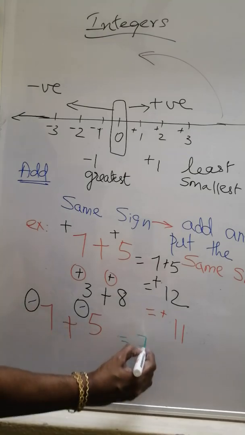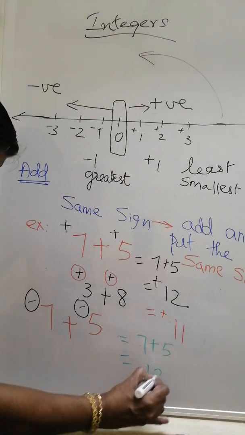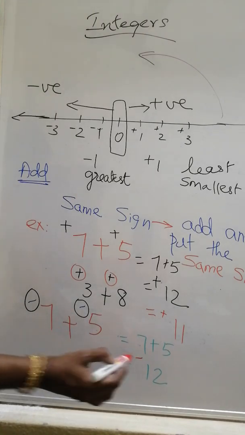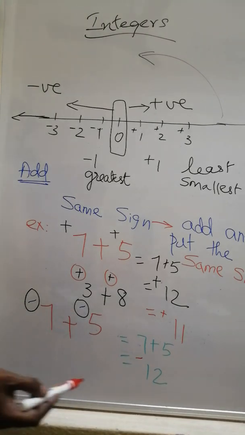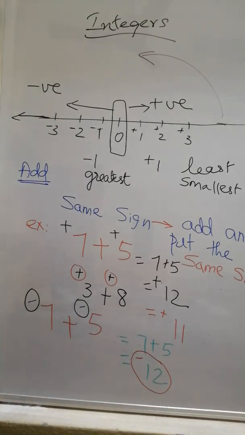Add 7 and 5, you get 12 and put the same sign, that is negative. So the answer is negative 12.